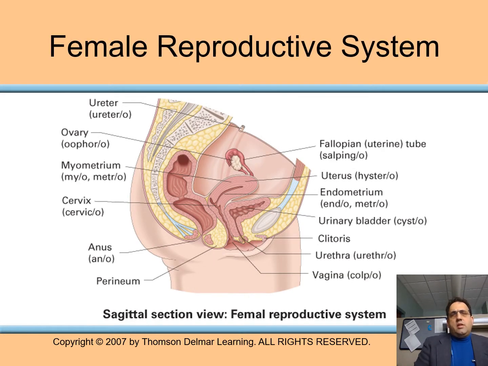In this image, you can actually see the female reproductive system. The ovaries sit in the pelvis, right here. The uterine tubes then take the ovaries into the uterus. The uterus, as you notice here, is flexed forward and tipped forward.